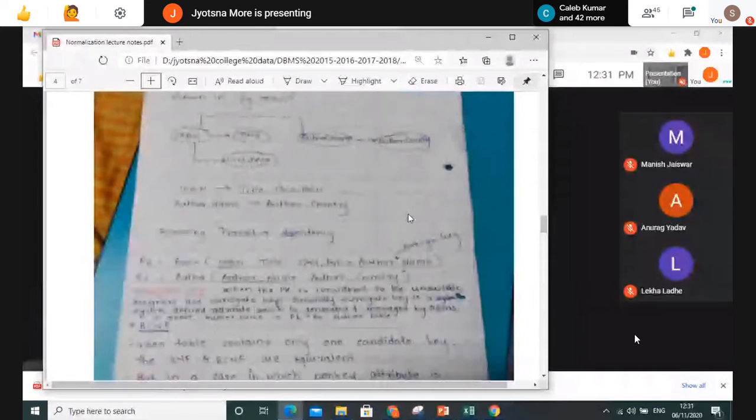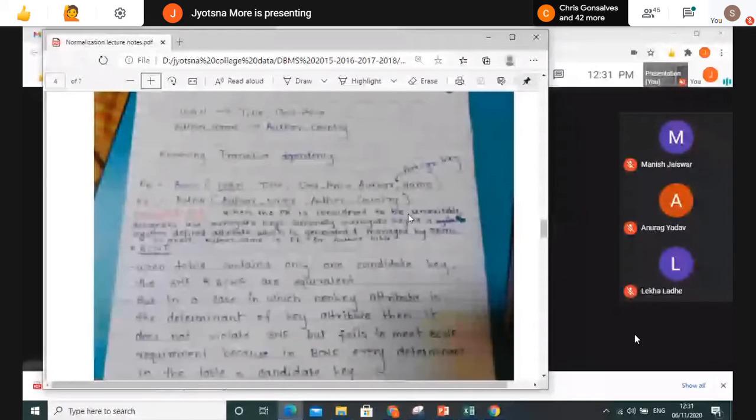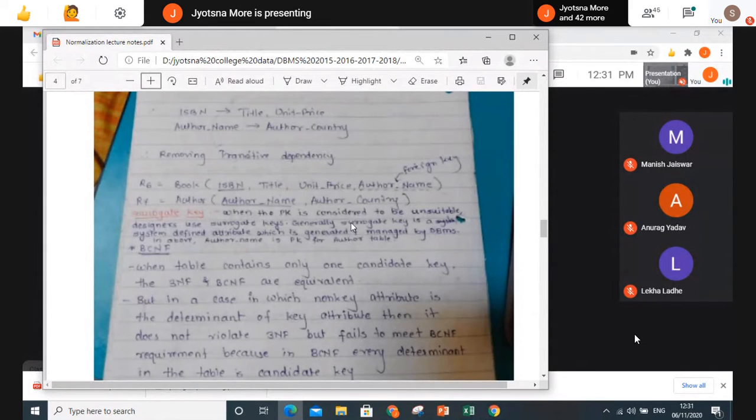Next is a new concept, or rather I have already covered the surrogate key in the key part of chapter number 3, but I still need that concept for BCNF. So I will just tell you what a surrogate key is. When the primary key is considered to be unsuitable, designers use surrogate keys. Surrogate keys are nothing but a defined attribute which is generally managed by the DBMS, the database management system.